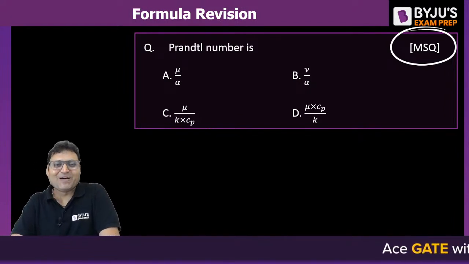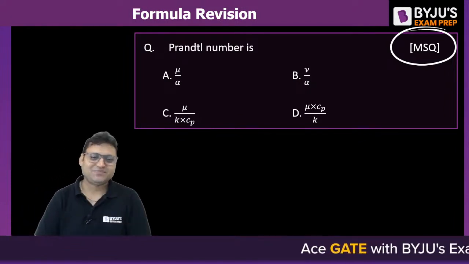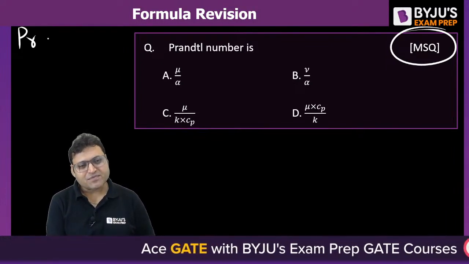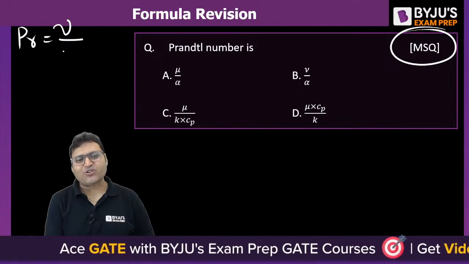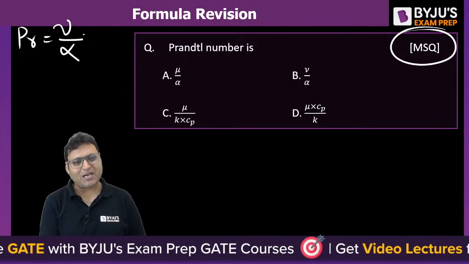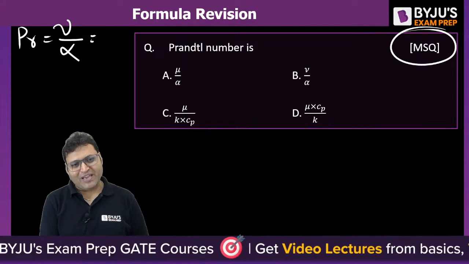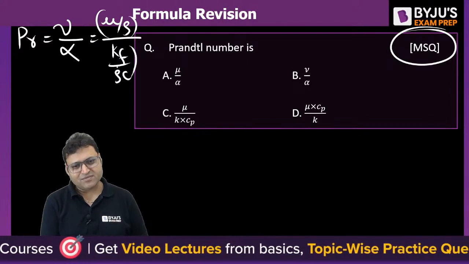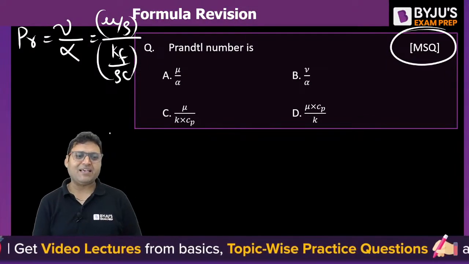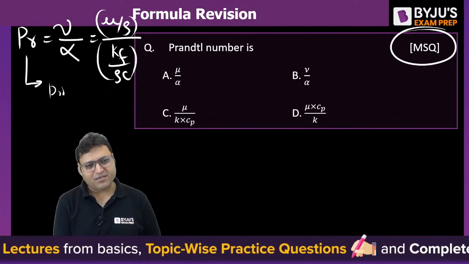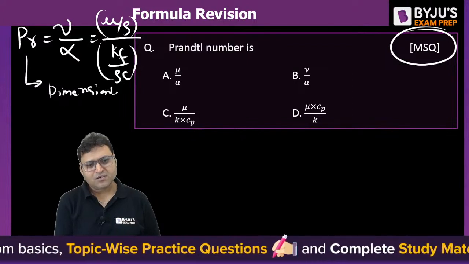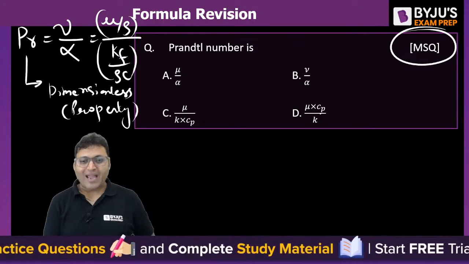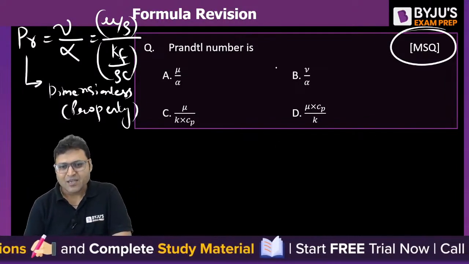The Prandtl number is the ratio of kinematic viscosity or momentum diffusivity to thermal diffusivity, or we can write it as mu by rho upon alpha, where alpha is K by rho C. So the Prandtl number is a dimensionless number and it is a property of the fluid. And why is it defined? So the answers are B and D.